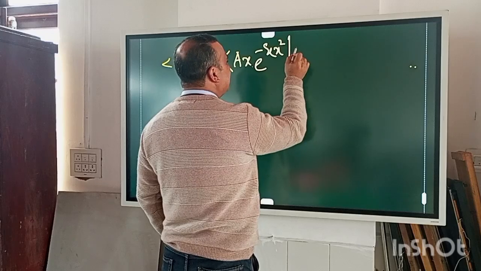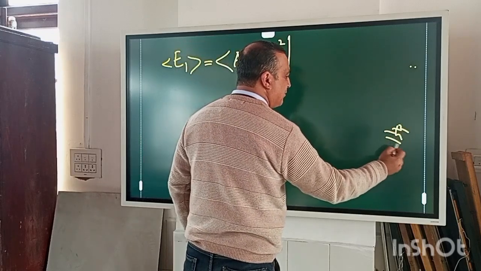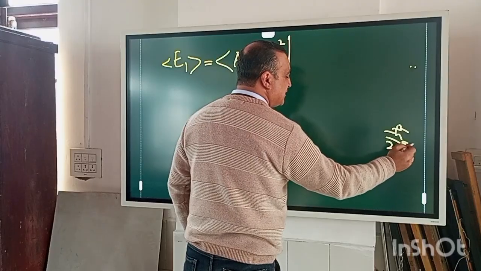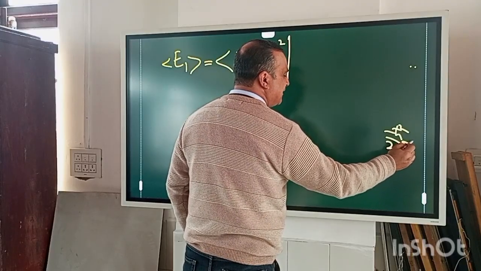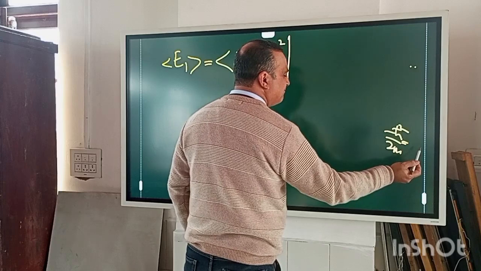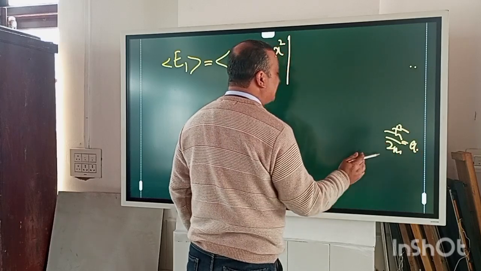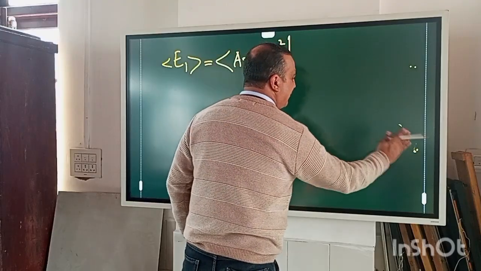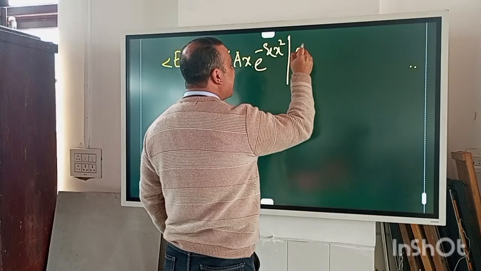Let me choose this minus h bar squared by 2m. Let us assume it to be a small a, so that it doesn't create much of a problem. So let me call that a.